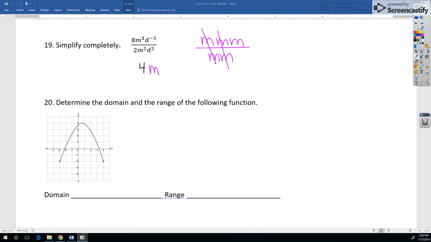You can also think of this as m to the third and then minus 2. Because we're dividing, subtract my exponents, and m to the third minus m to the second is just m to the first.